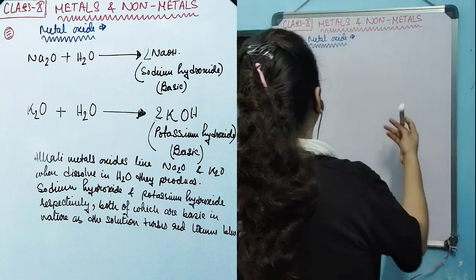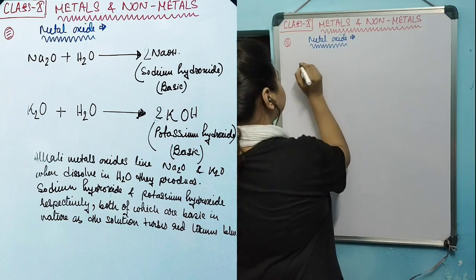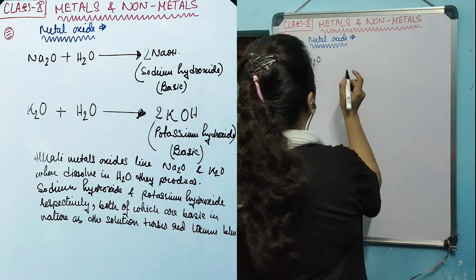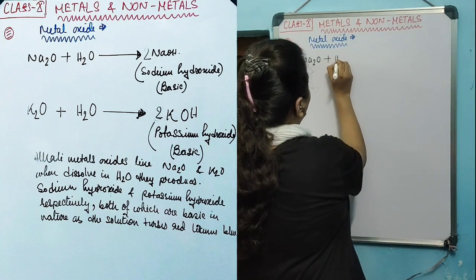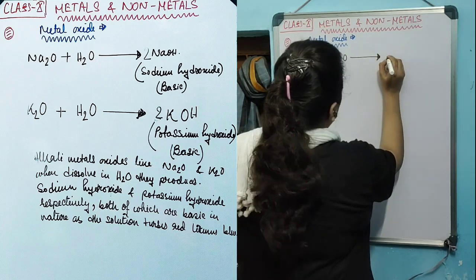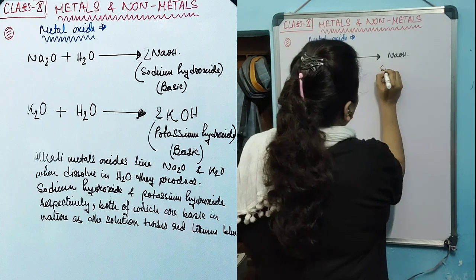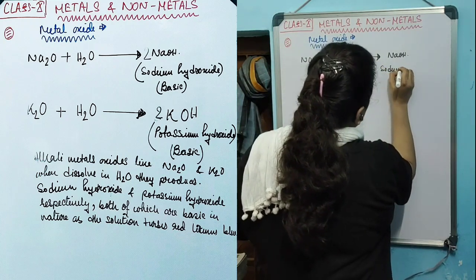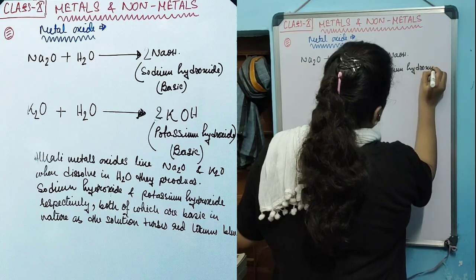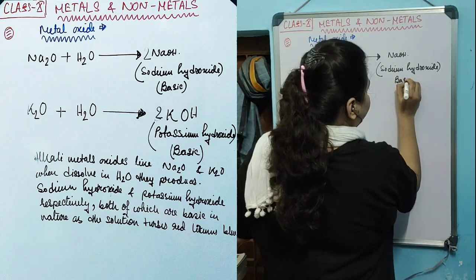So when the oxide of sodium, Na2O, is dissolved in water, the reaction that follows forms NaOH, that is, sodium hydroxide, which is basic in nature.